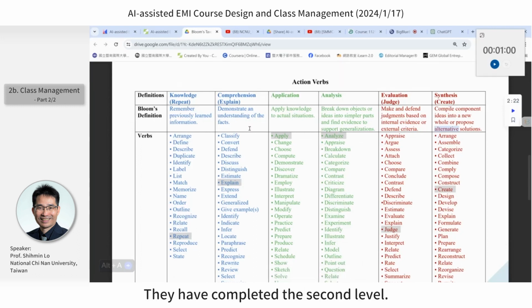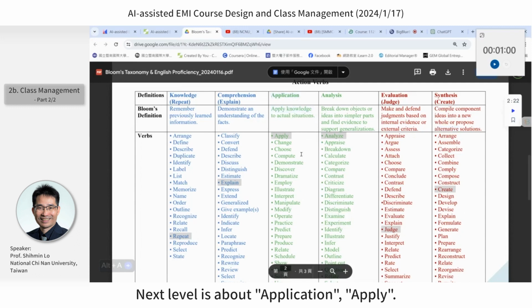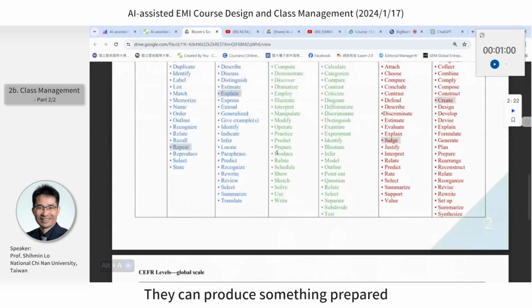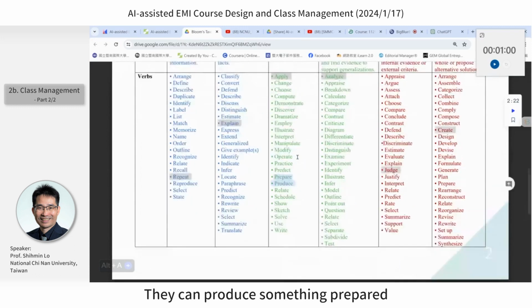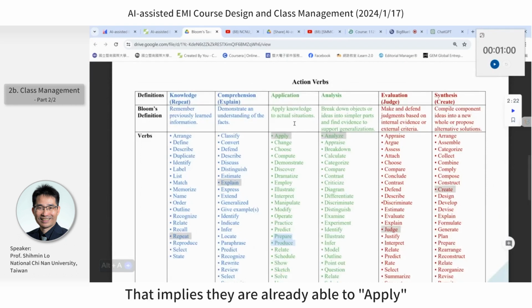They have completed the second level. And the next level is about application, okay?